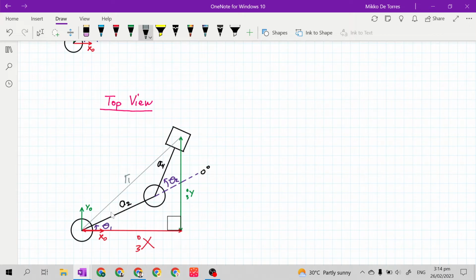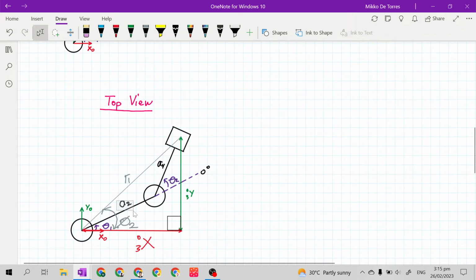So what we will do is name a new angle. This will be named phi2. Then inside phi2 is the theta 1, and phi 1. We will name this one phi 1.